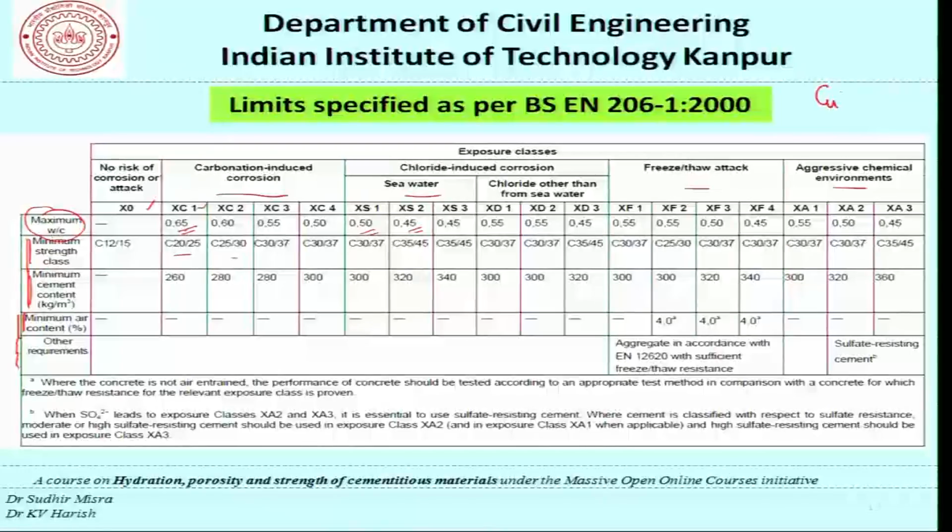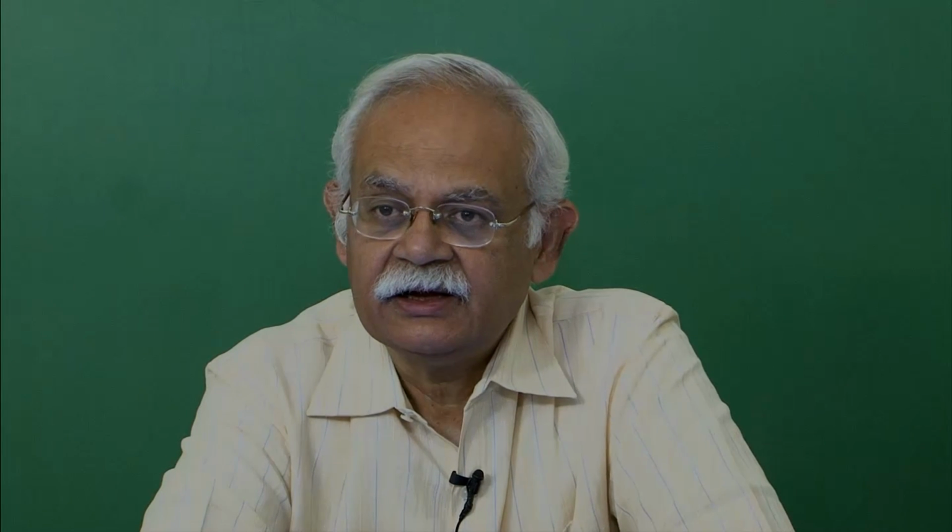So, that is something which we must keep in mind. The cube strength and the cylinder strength are not equal, and the cylinder strength can be taken to be about 80% of the cube strength, and only if we make that conversion should we be able to compare the strength requirements for a given class of exposure across different codes.